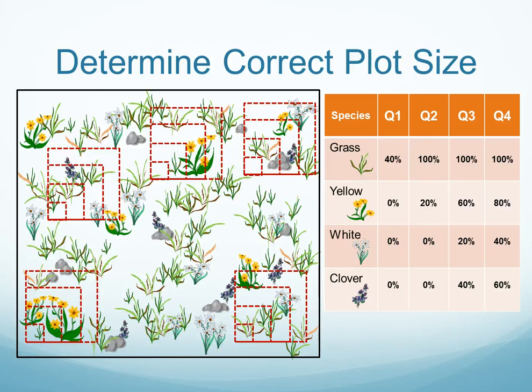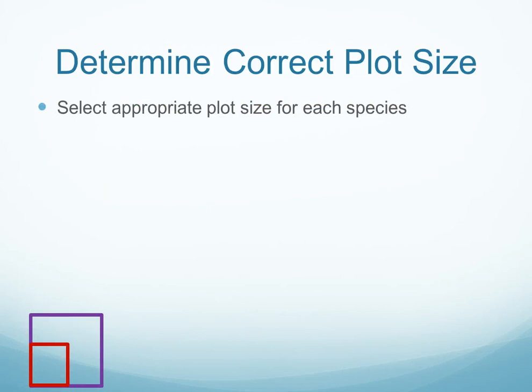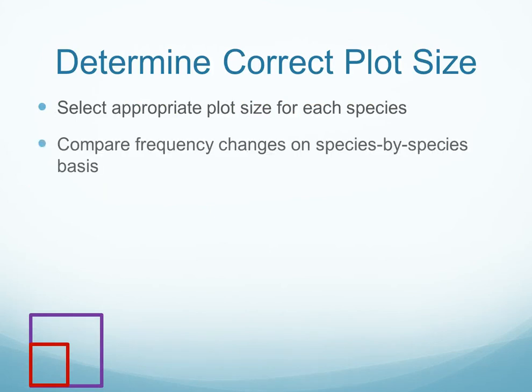We also see that for the white flower and clover, the two smallest size quadrats did not pick up either one of these species, but we did start to encounter them with the third and the fourth largest quadrat, for between 20 to 40% frequency for the white flower and 40 to 60% frequency for the clover.